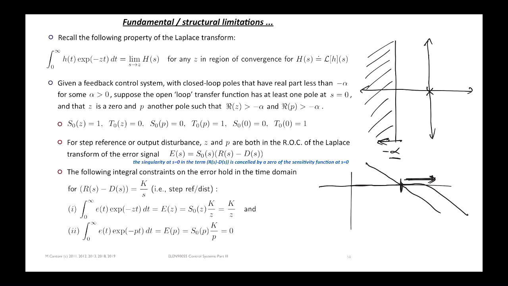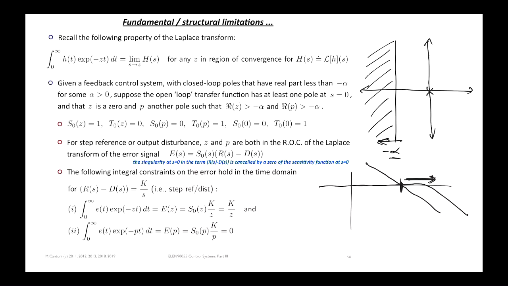But we know that E will be this transfer function times the step input. And when we evaluate that at Z, we get this. But we know that SZ is equal to 1, so we've just got this. Now, if we look at this integral, where we've changed the exponential weight to correspond to the pole that sits to the right of here somewhere, then we get this constraint here.